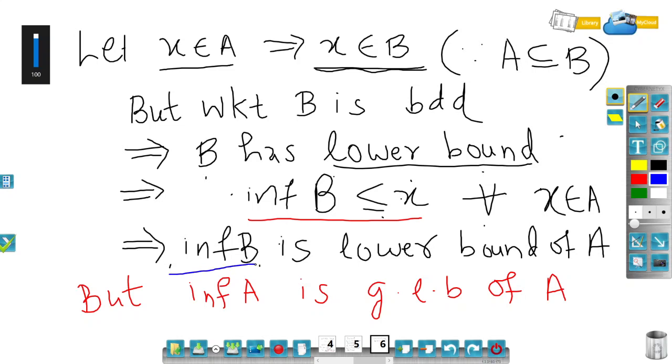One is infimum B and the second one is infimum A. Both are lower bounds of A, but infimum A is the greatest lower bound. So there must be a relation between infimum B and infimum A. If infimum A is the greatest lower bound, then infimum A is greater than or equal to infimum B.